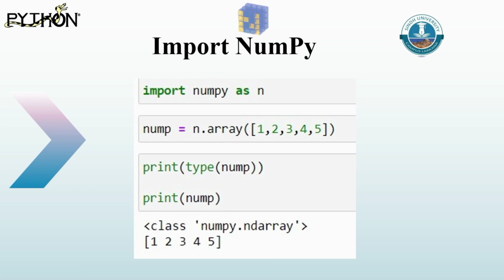So the rest of the program is the same. num equals n.array, and we have not a tuple but a list here that contains 1 2 3 4 5 elements, and it converts the list into an n-dimensional array. Then we have our array here that contains 1 2 3 4 5, and that is an n-dimensional array. I have printed its type, which tells us the type of the particular object.